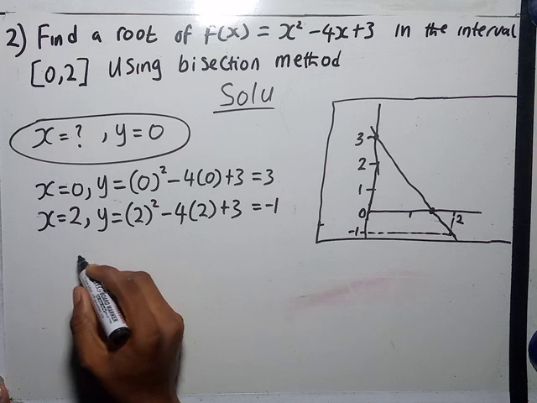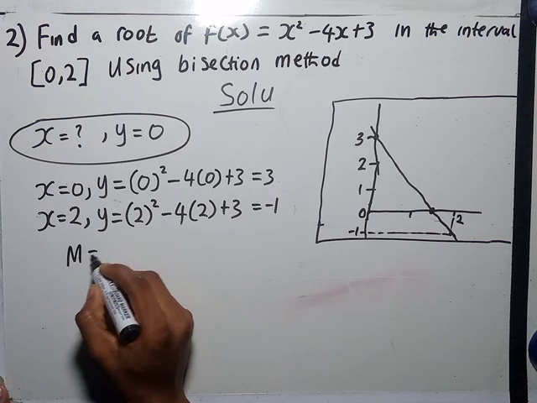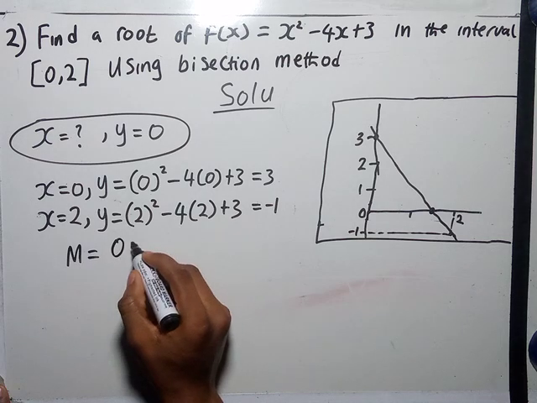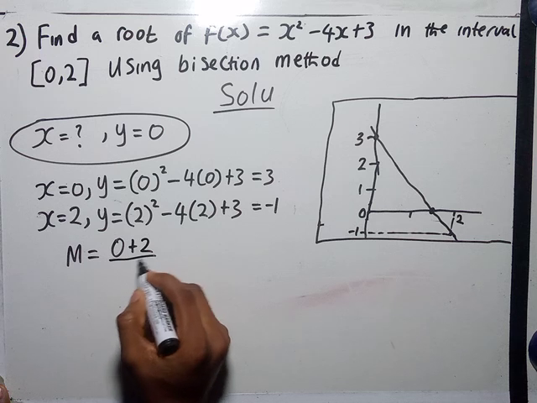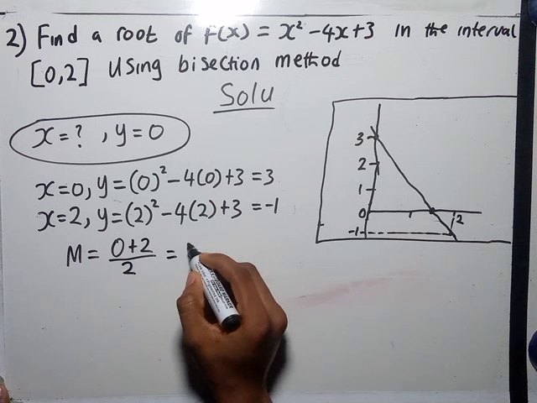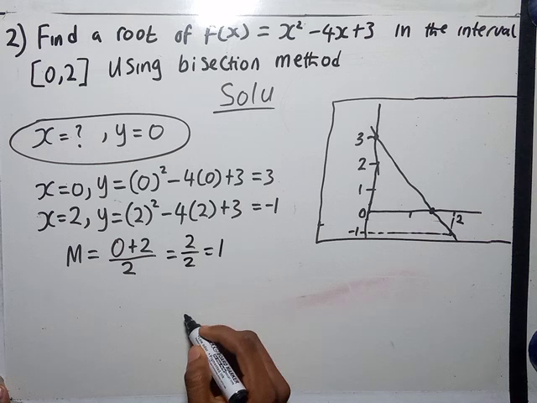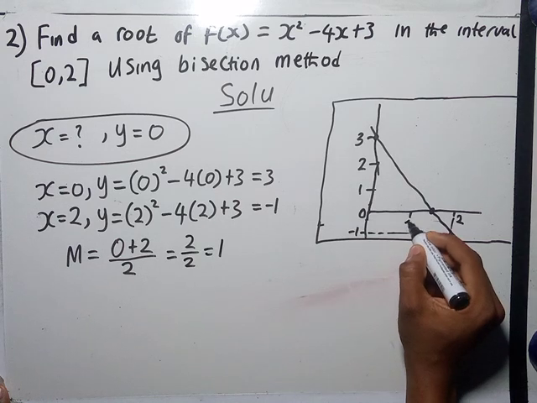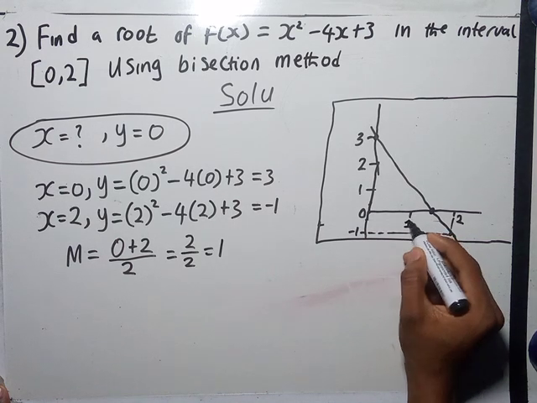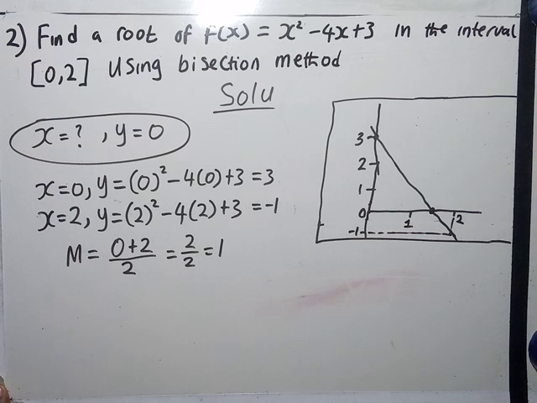When we do that, the middle point between the two of them is going to be 1. Common sense will tell you that is 1. So 1 is our new middle point.